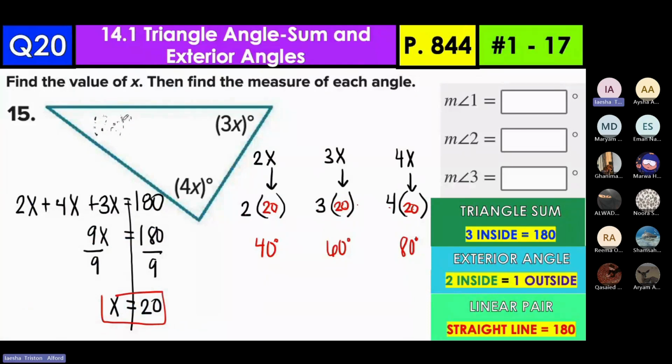If you don't have space to put it in the picture, redraw it again. Draw the exact same triangle and put your answers inside. Check your work. So this one is 40, this one was 80, this one was 60 degrees.